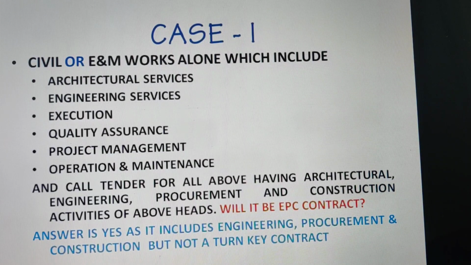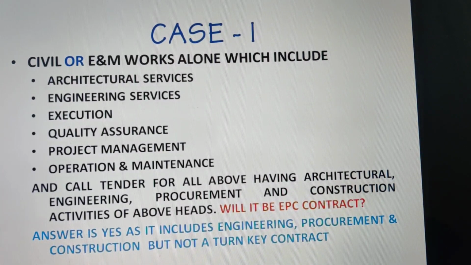Then let us ask ourselves, will it be an EPC contract? Answer is yes, as it includes engineering, procurement and construction. But this is not a turnkey contract because the contract has been called only for civil works or E&M works.